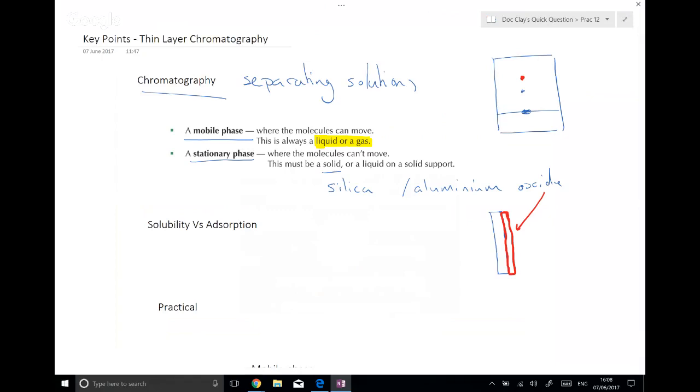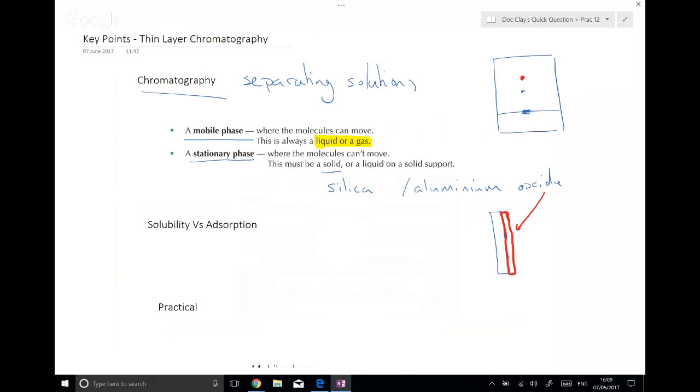The key point that we get from this, as we look to see how the chromatography separates out our samples, is the question of how soluble a substance is versus how well it adsorbs to the surface.